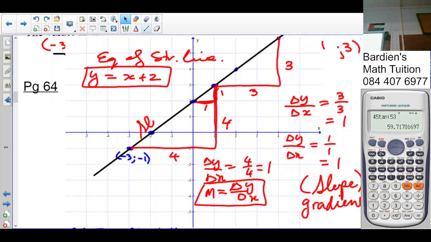So we said m is your gradient. Gradient is a slope. And to work out the slope is going to be the change in y over change in x. Okay? And then I want you to write m is equal to delta y over delta x, or change in y over change in x. And this is a triangle.